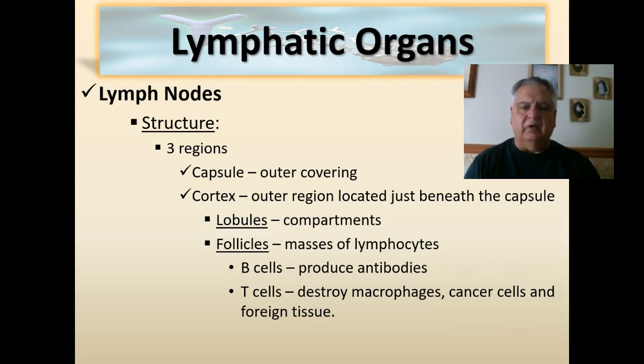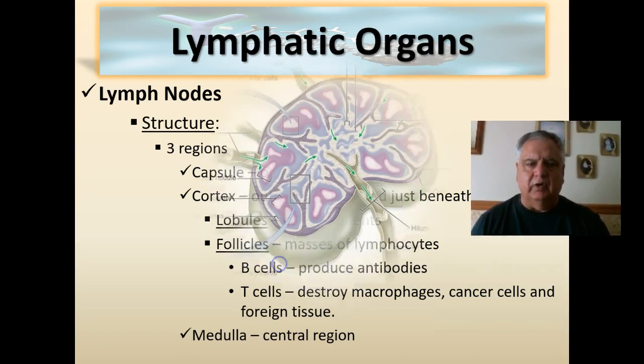The T cells, on the other hand, will learn to destroy macrophages, large white blood cells, cancer cells, and foreign tissue. The third region of the lymph node then is the medulla. That's the central region of the lymph node.